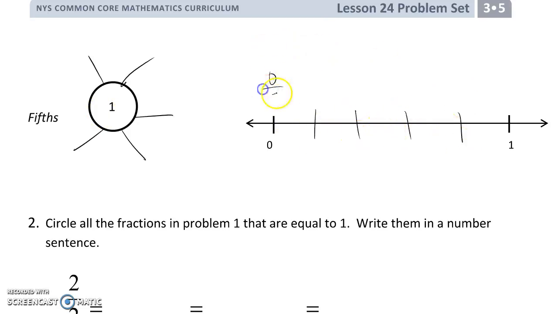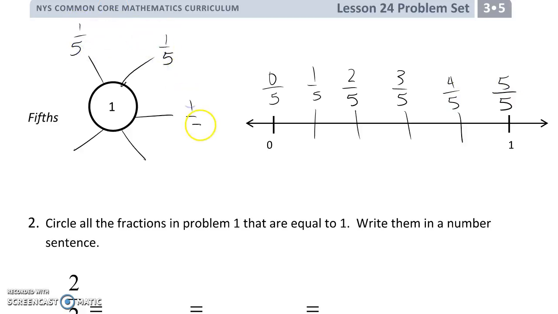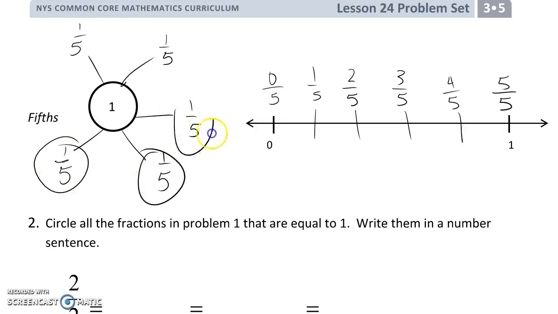So we've got 0 fifths, 1 fifth, 2 fifths, 3 fifths, 4 fifths, and 5 fifths. Each one of these is 1 fifth. Okay, and that's number 1.